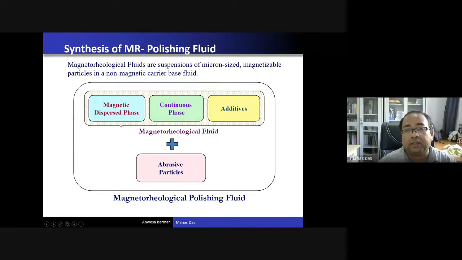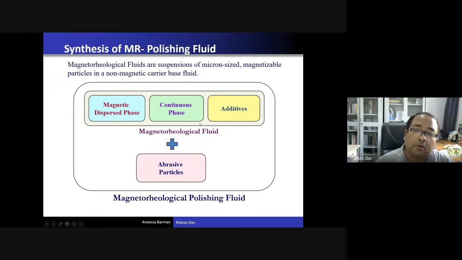Because these magnetic particles have a density more than the base media, there may be a sedimentation problem. To reduce this sedimentation problem, we have used silicon grease. It is a thickening agent, so due to this grease, the sedimentation problem of the magnetic particles is reduced.